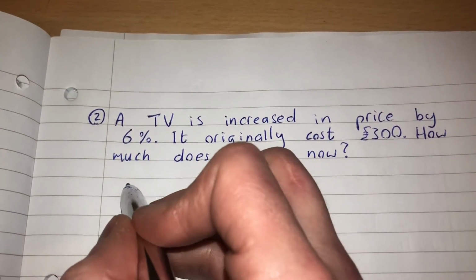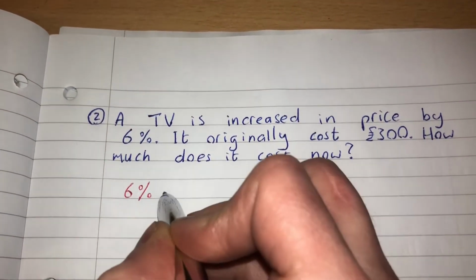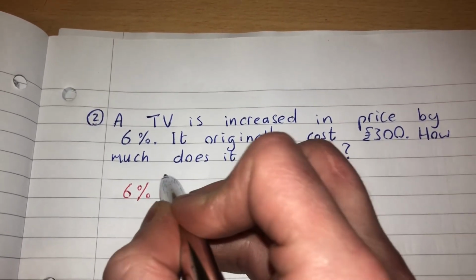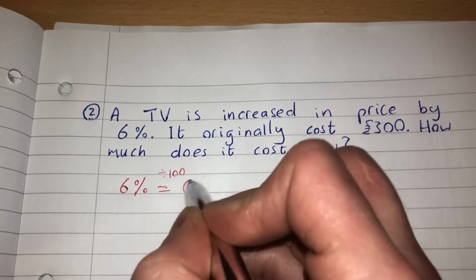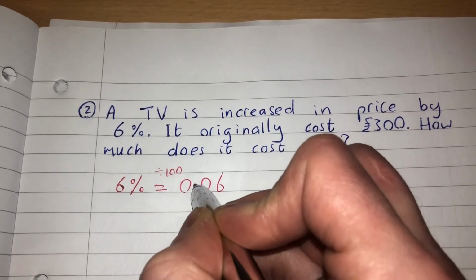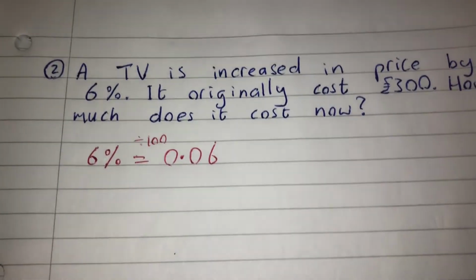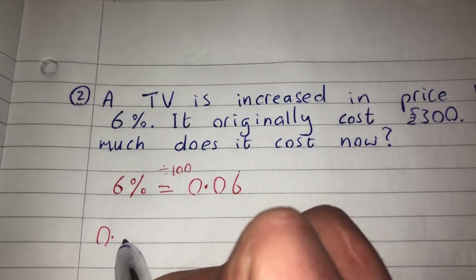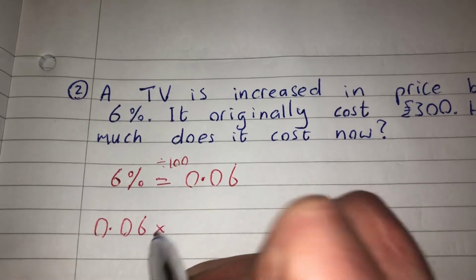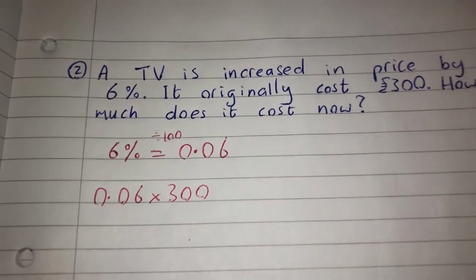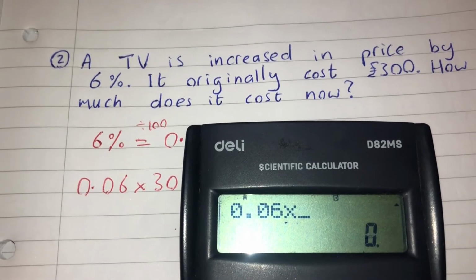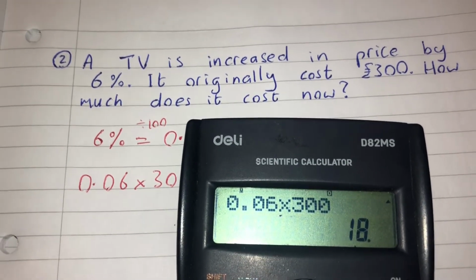If I wanted to take 6% and work it out as a decimal multiplier, just remember, divide by 100, and be careful it's 0.06, not 0.6, because that would be 60%. So if using that, I wanted to find 6% of 300, 0.06 times 300 is 18.